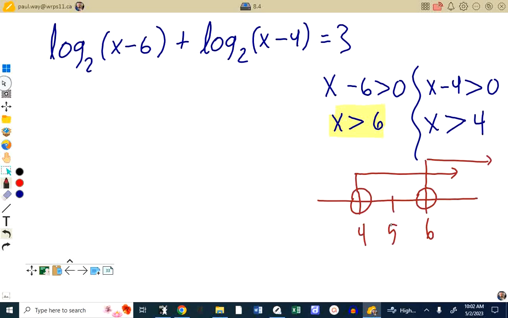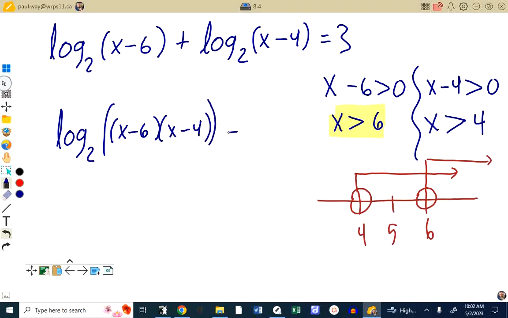I put these together now as a single logarithm. The logarithm of the product. That means that x minus 6 times x minus 4 has to equal 2 cubed, the base raised to the exponent. And 2 cubed is 8.